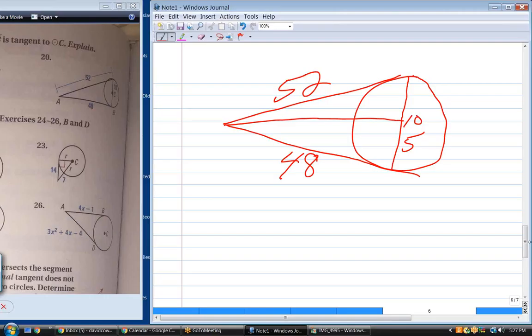Wow. Question is, is this a right angle? That's the only question. Since they're only asking about line AB, they don't even put a letter up here. So they don't even want to talk about that line there.